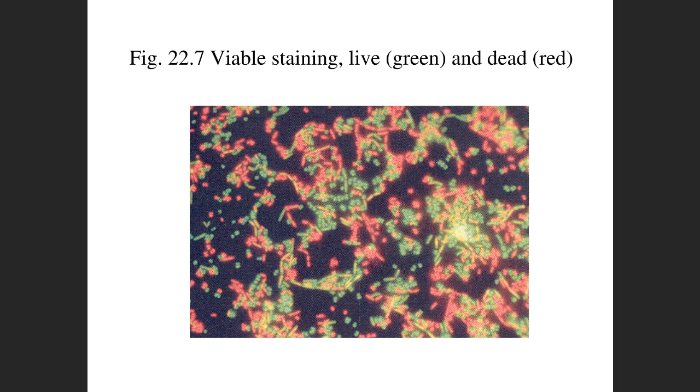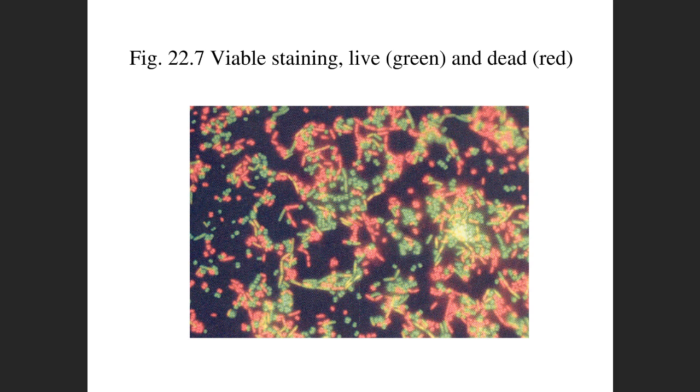Usually this viable stain consists of two stains. The green stain is typically a tiny molecule that can stain every cell green. And then the red is for bacteria where the molecule is big enough that it cannot get into the living bacteria. It has to wait until the bacteria die and the cell has holes in it, and then the red stain goes in.